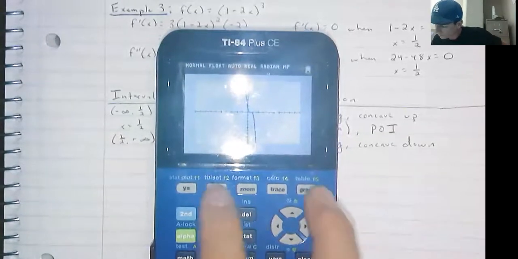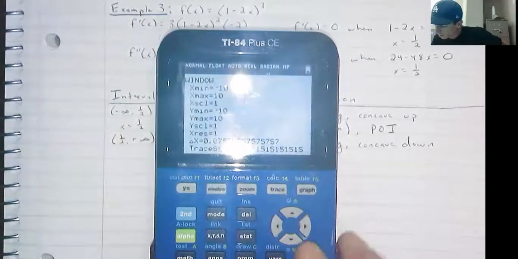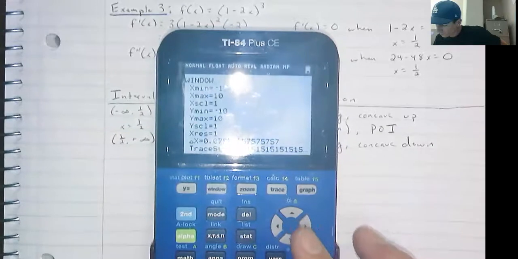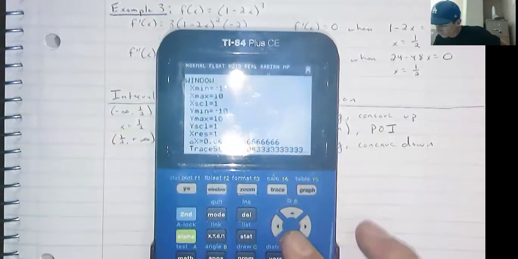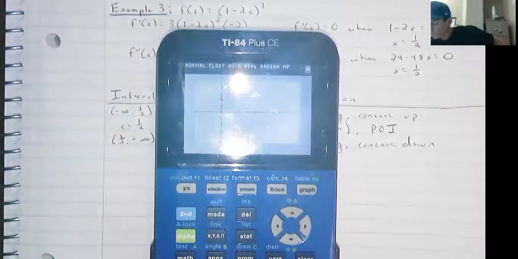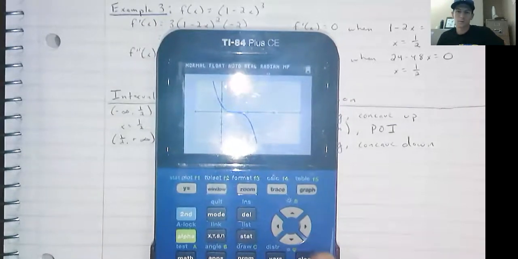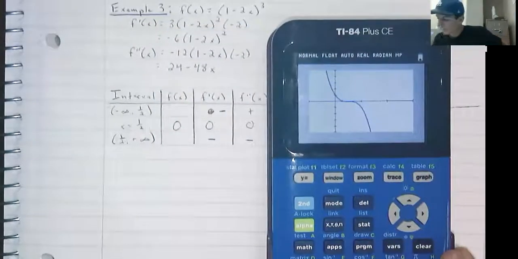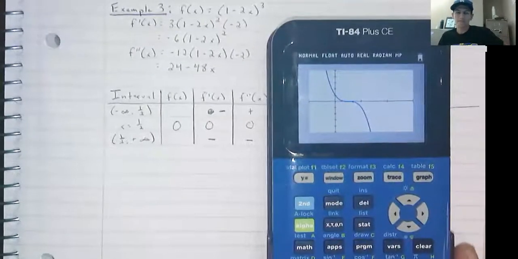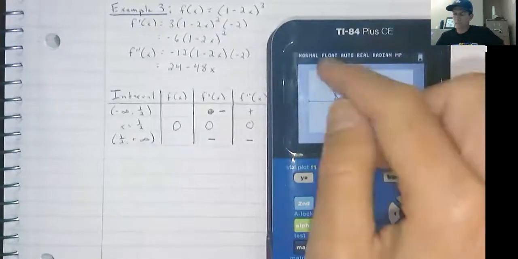Okay, let's change that window. Oh, that's cool. So it flattens out, which gives us that 0 derivative, but then it just keeps going negative.